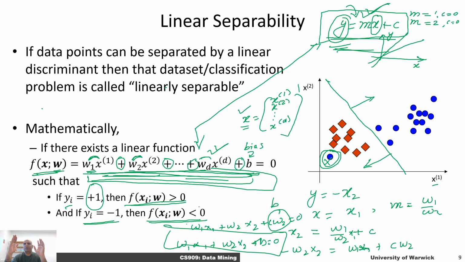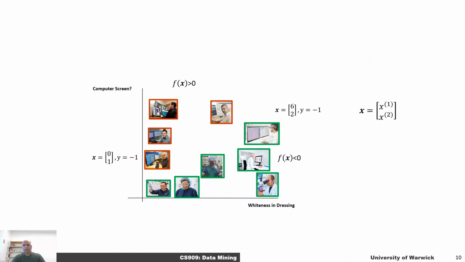Mathematically, what that means is that if we are able to find specific values of W1, W2, and so on up to WD, and the bias parameter B, then we have essentially found a line that separates the two classes. Okay, so we are going to try to do that for a bunch of examples in this lecture.